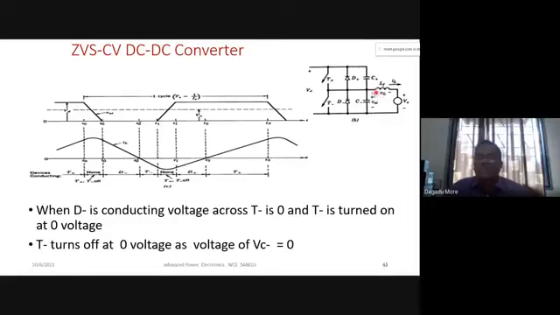If you see it here, whatever the VO, that is the voltage across this capacitor, is nothing but the voltage across one of the switches. And this voltage is always at maximum equal to the supply voltage. So the voltage across the switch will remain fixed, particularly for this case.